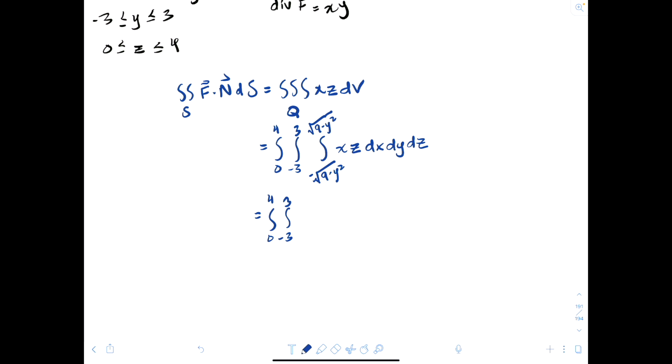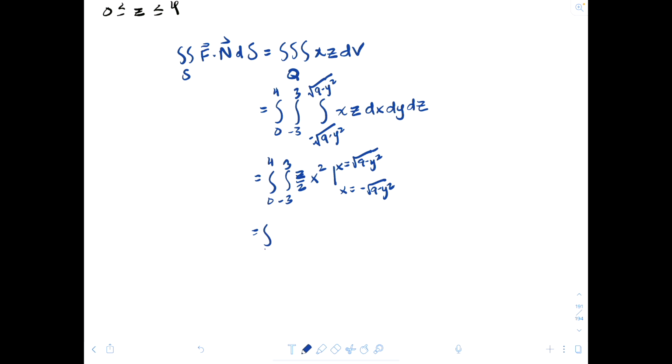x squared z over 2 when we do the integration. So we'll say this, z over 2 times x squared, where x is going from negative root 9 minus y squared to positive root 9 minus y squared.